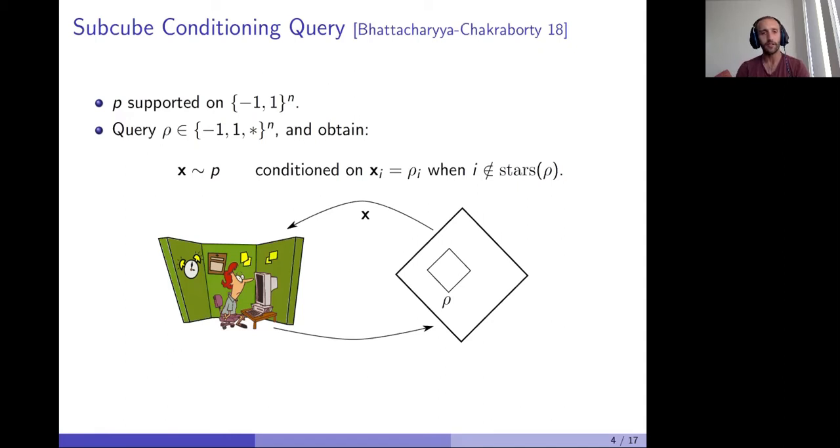The oracle returns a sample x drawn from P, conditioned on the event that x lies in the subcube specified by rho. This means that for every index i outside the set of stars of rho, the sample x_i is equal to rho_i.